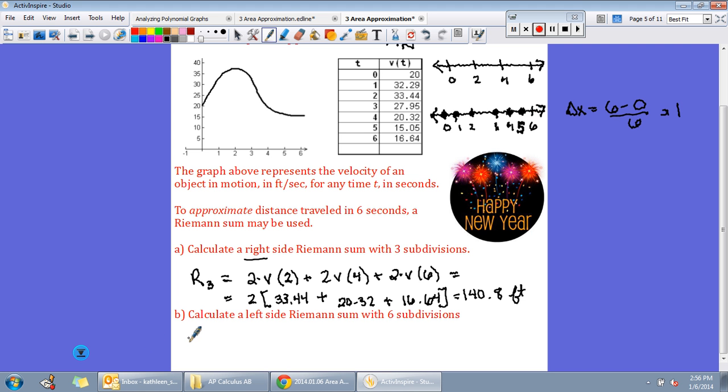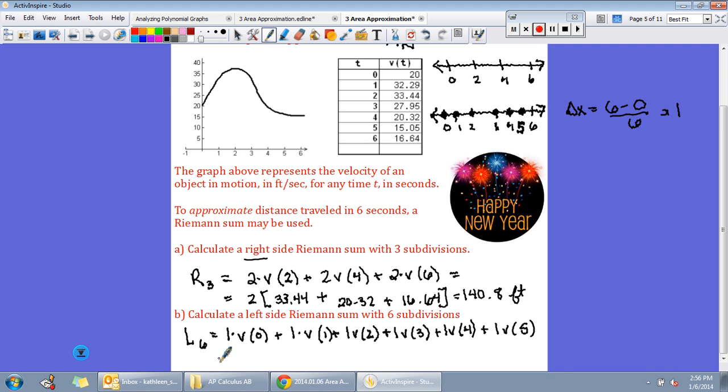So our left-sided Riemann sum is going to have a delta x of 1 times the velocity at 0 plus 1 times the velocity at 1 plus 1 times the velocity at 2 plus 1 times the velocity at 3 plus 1 times the velocity at 4 plus 1 times the velocity at 5.